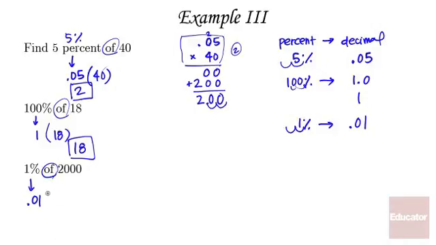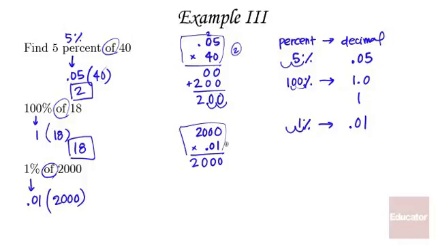Times 2,000. Okay, so multiply it out. Times 0.01. This is 0, 0, 0, 2. And then this is just all zeros, so I don't have to write that in. It's like adding zeros. If I add zeros to this number, it's just going to be that same number.